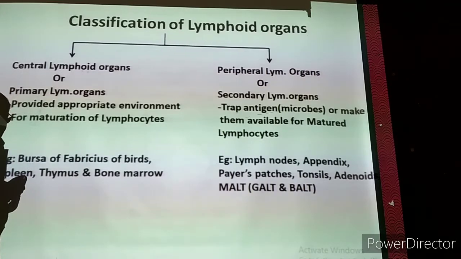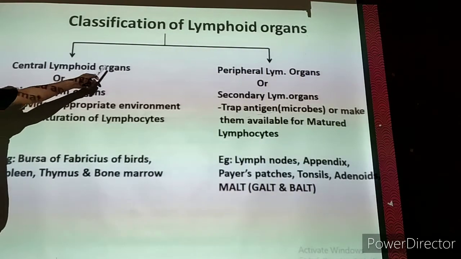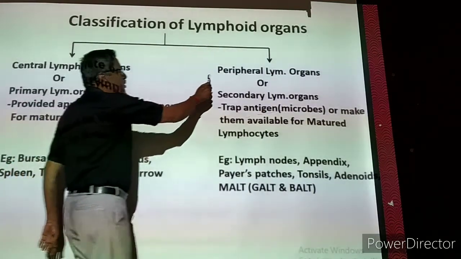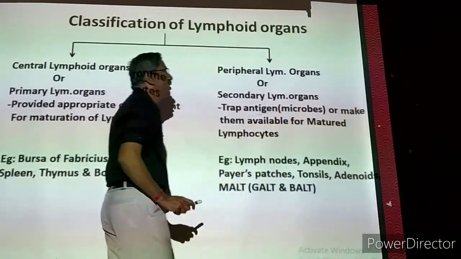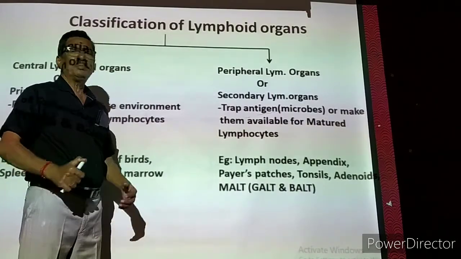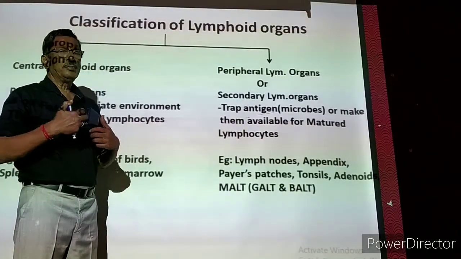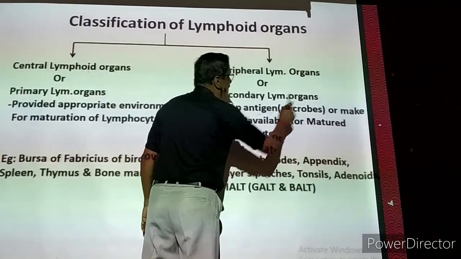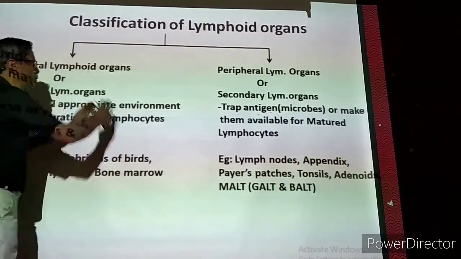They are the controlling center. That is only central lymphoid organs, primary lymphoid organs. The second group is called the peripheral lymphoid organs. That means they are not controlling, but they are accessory-like. So they are also called secondary lymphoid organs. So 2 groups are there.